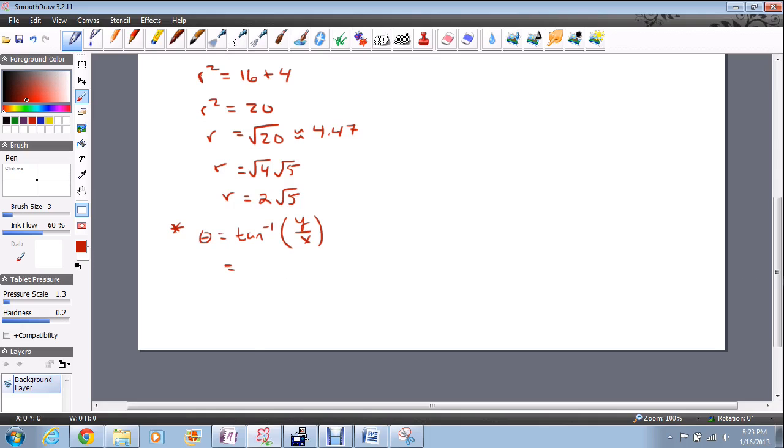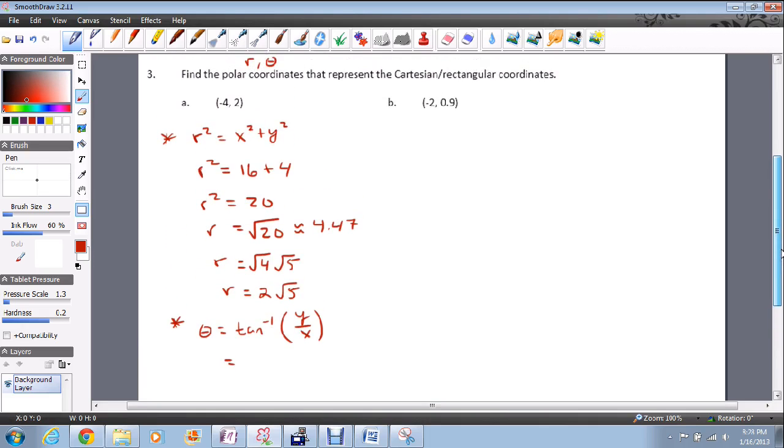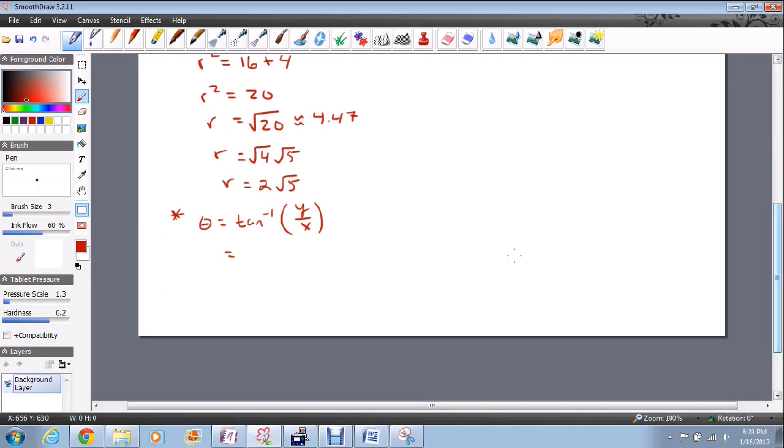I'm just going to use the positive values. So what I mean by that is I'm going to write 2 divided by 4 inside my parentheses. So tan inverse of 2 divided by 4, or tan inverse of 1/2, which gives us approximately 26.6 degrees.